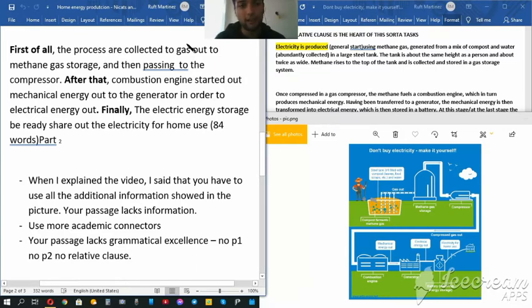You said to gas out, to gas out. Where is gas out? Gas out is not a place. It's just an identification, a point to show you that gas is flowing out through this pipe to the methane gas storage, and then passing to the compressor.